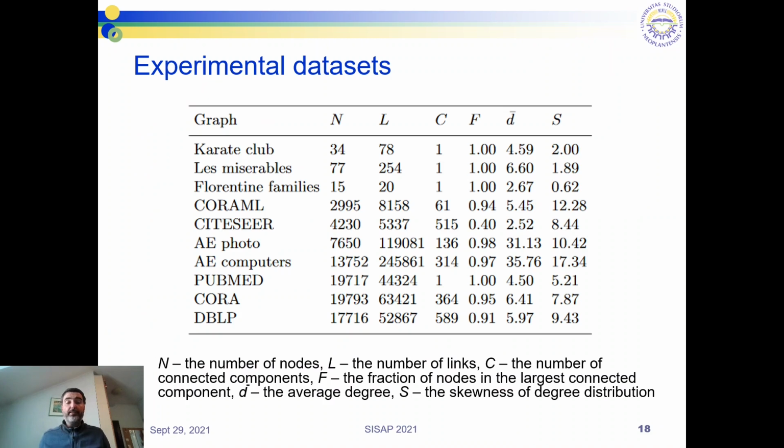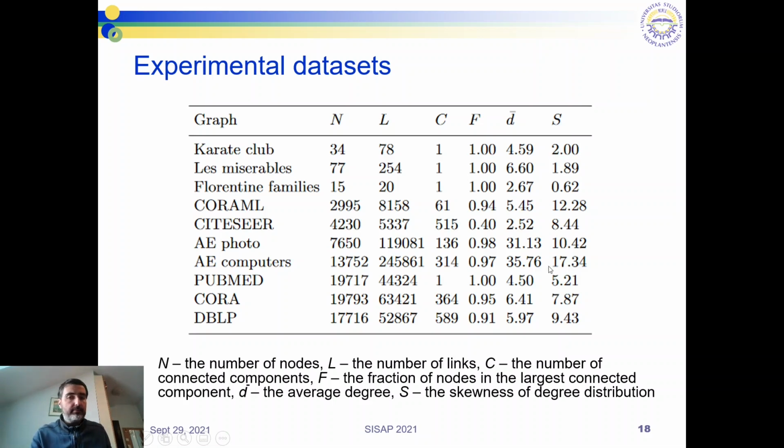So, experimental results. Here are the datasets and some basic statistics about them. These are datasets which are pretty much standard in graph embedding literature. We have them in many sizes and properties in terms of the number of connected components, and also the average degree and the skewness of the degree distribution, which tells us whether there are lots of hubs or not.